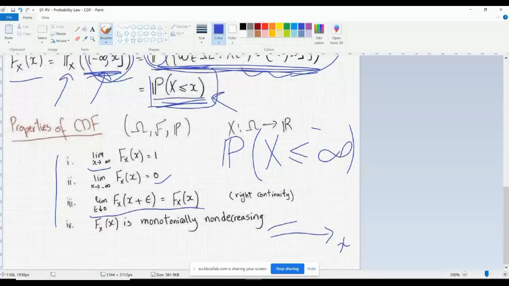It may do something like this, and then there will be a jump, and then it does something like this. So there may be discontinuities. However, it is a right continuous function, which means that this is open. So if there is a jump, what is the value of the function at the jump?